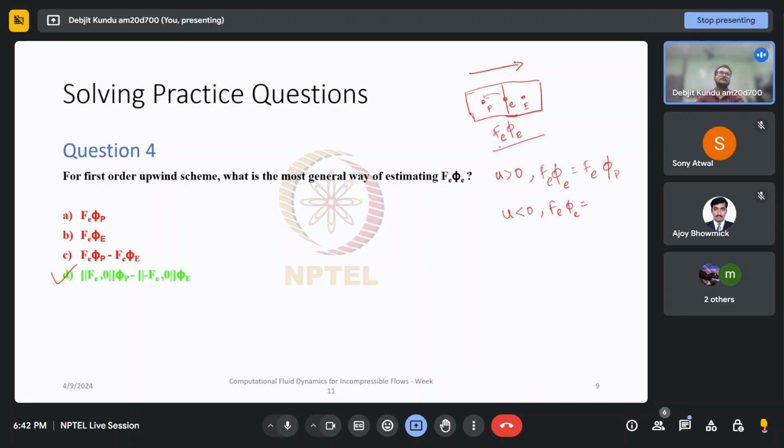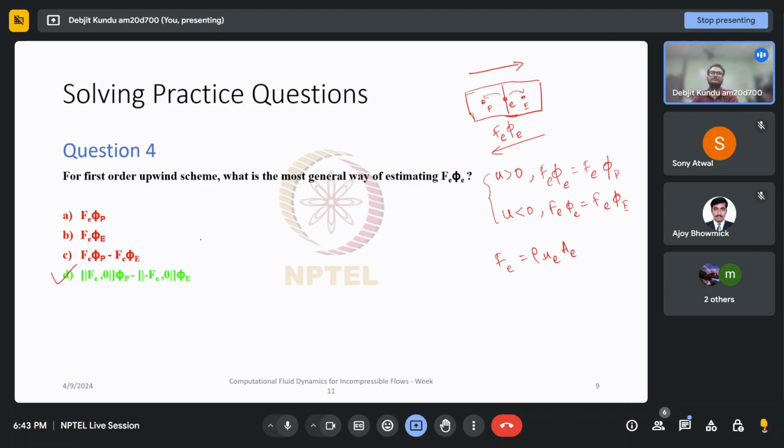So if the flow is going this way, then the upwind point would be capital E, then it would be Fe phi E. Now it depends on the value of U, whatever it is, right? And Fe we know is actually rho into UE into AE. So if U is positive, Fe is positive. If U is negative, then Fe would be negative. F carries the same sign as U.